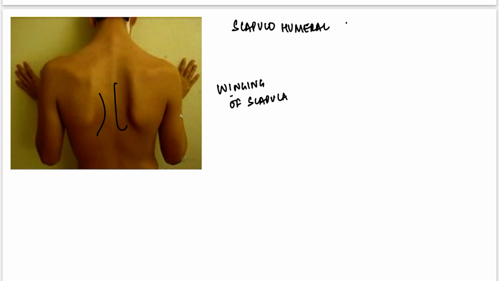Now let's see this. I'm asking the child to push against the wall, and I see this winging of scapula. Can you notice the winging of the scapula? Where do you see this? We see this in scapulohumeral dystrophies.